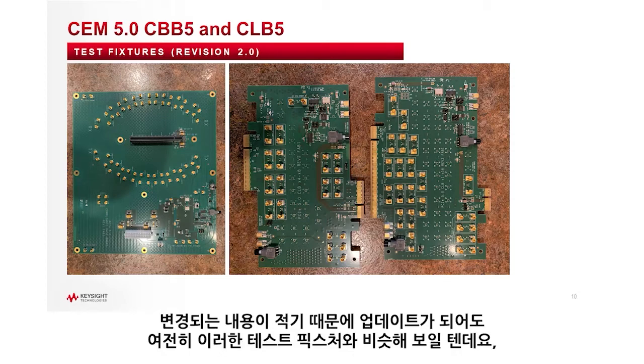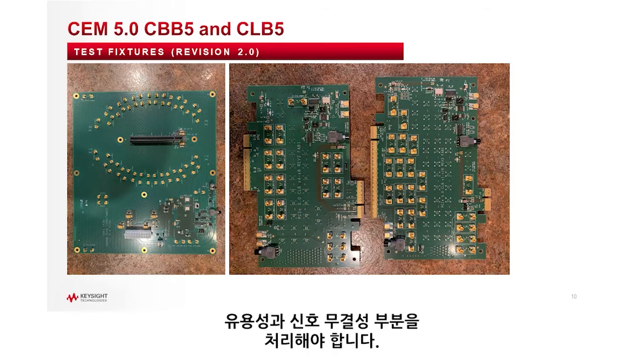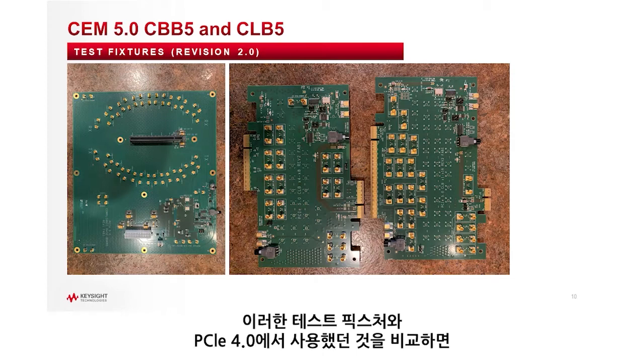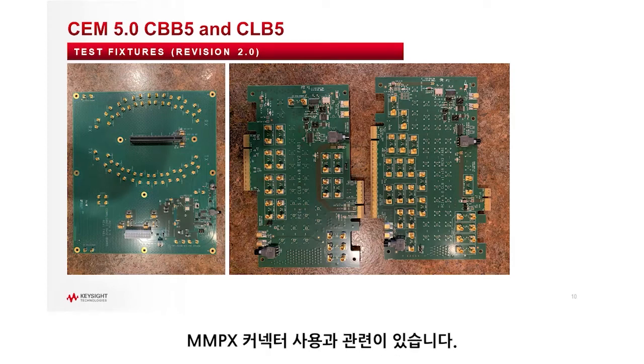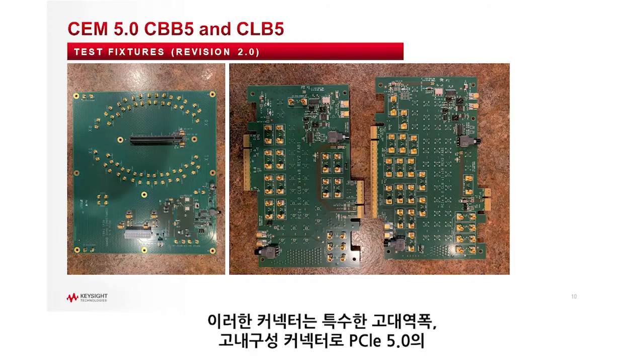They still will look substantially similar to these because the changes are small but have to deal with both usability as well as signal integrity. One of the things that you'll notice that is very different from these test fixtures versus what we used for PCI Express 4.0 is the use of MMPX connectors from a company called Ubiquity.